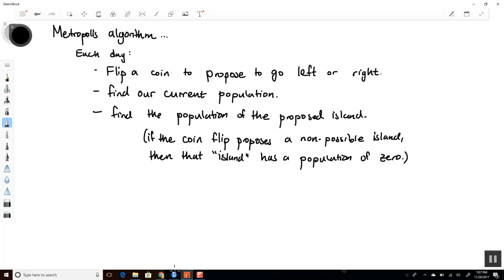Okay, so we find the population of the proposed island, and then we will decide whether to stay put, meaning spend another day on the current island, or move to the proposed island, based on the following rule.